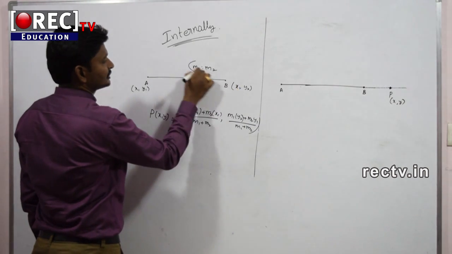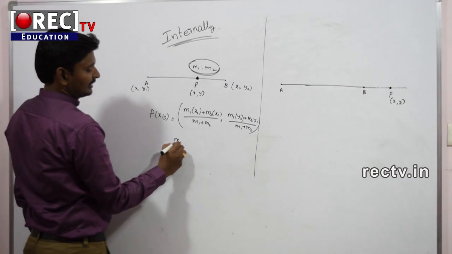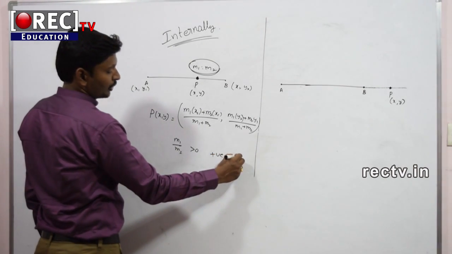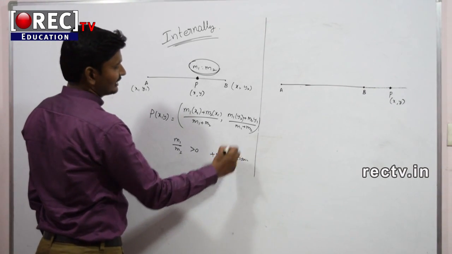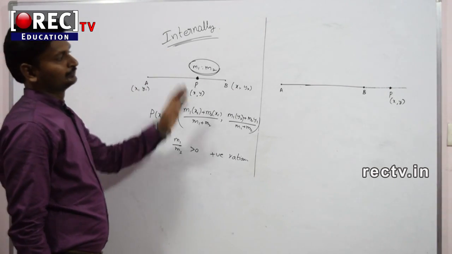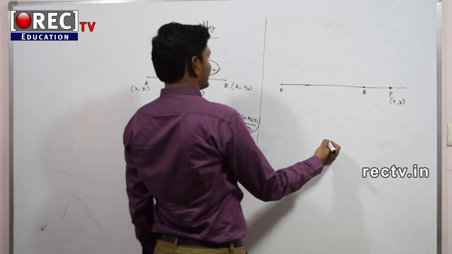That means the ratio must be positive, m1 divided by m2 is greater than 0. A positive ratio represents that the point P divides the line segment AB in the ratio m1:m2 internally. The second case is externally.